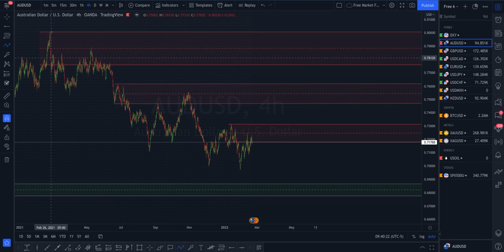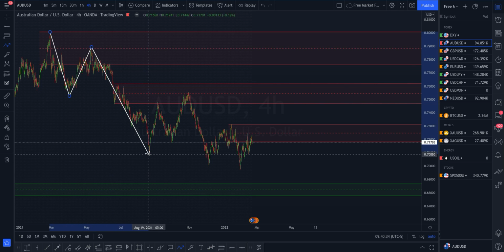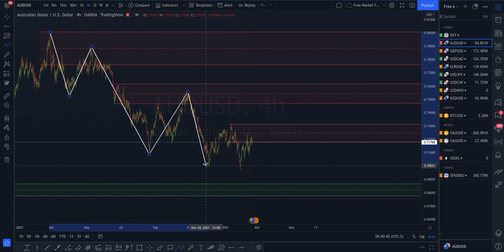We have here, let me take the magnet off. We have our high to low, lower high. I'm just going to do the major ones: lower low, lower high, lower low, lower high, lower low.